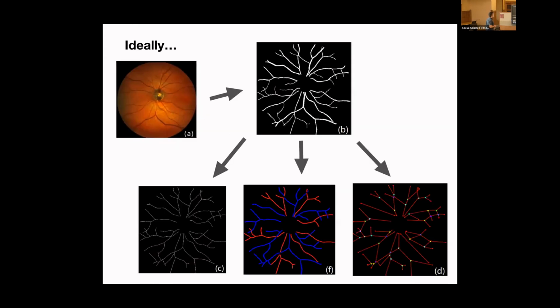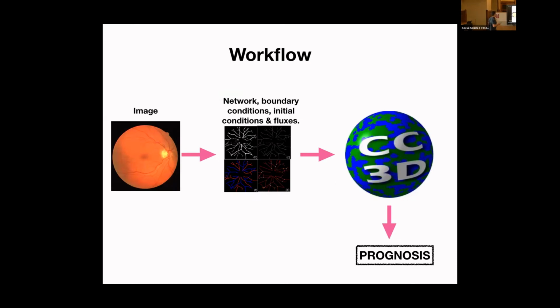Ideally, one would want to have the picture, from the picture you skeletonize, and from there you produce some sort of network of pipes and nodes, and you can also compute which vessels are veins and which are arteries. So you have the input, and once you have the input, you can go ahead and put it in 3D CompuCell.